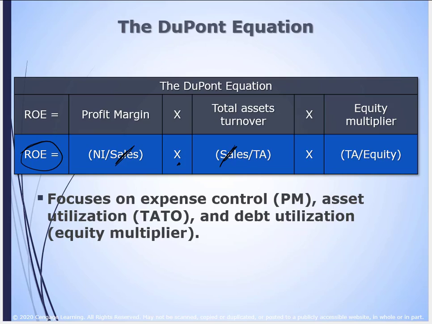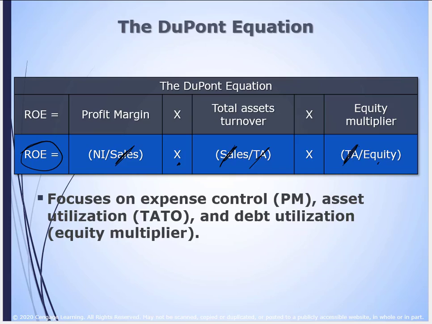Now over here we had sales divided by total assets, multiplied by total assets divided by equity. If we multiply those together, total assets divides out, and you're left with net income divided by equity, which is the formula for return on equity.